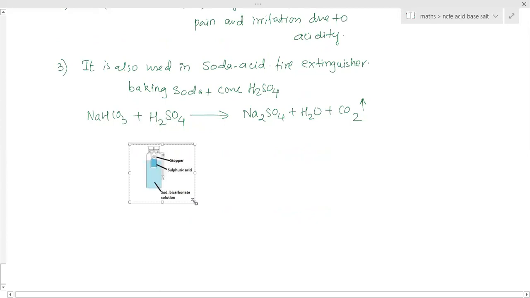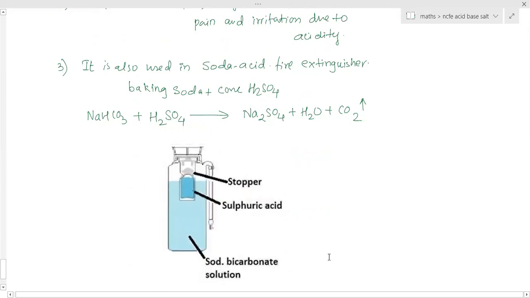Nowadays, refilling is not needed. So you can see this is a cylinder structure. Inside this, the whole thing is filled with a sodium bicarbonate solution, that is baking soda, sodium hydrogen carbonate. That cylinder is completely filled with the solution of baking soda. And inside this, there is one glass container in which sulfuric acid is present.